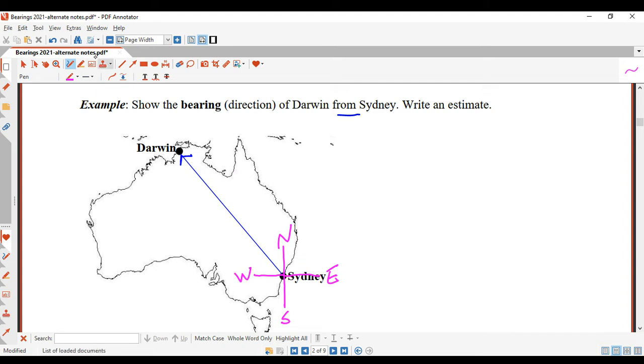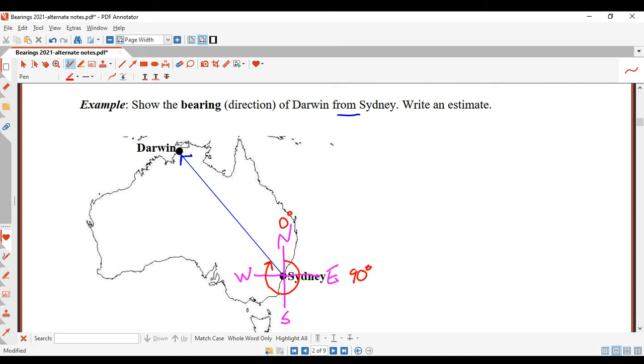Now this angle that we've got to describe is clockwise from north. So starting from north, you've got to measure this clockwise angle. We're just going to estimate it. Remember this is 0 degrees for north. This is 90 degrees for east.